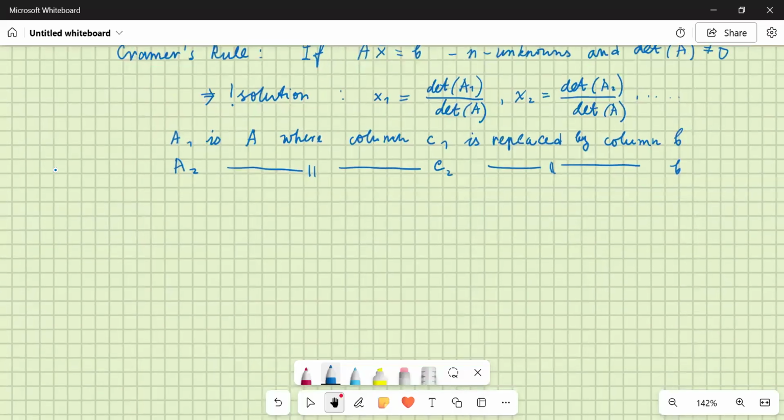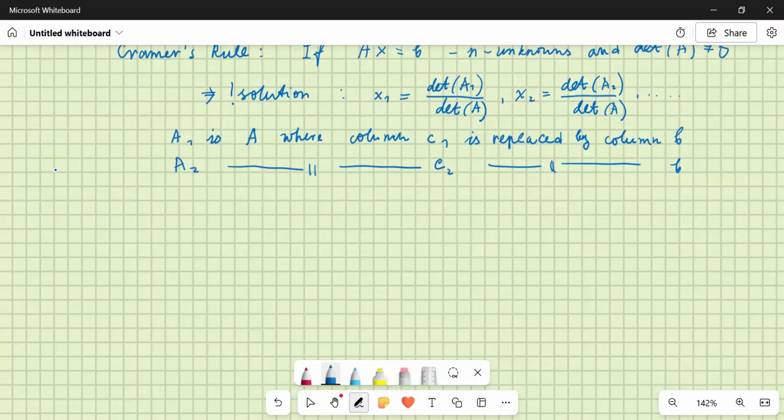I'm going to consider a very, very simple system. So my matrix A is going to be 1, 2, 3, 4, 5, 6, 7, 8. Guys, I'm going to put 0 here because if I put 9 here, the determinant is going to be equal to 0.